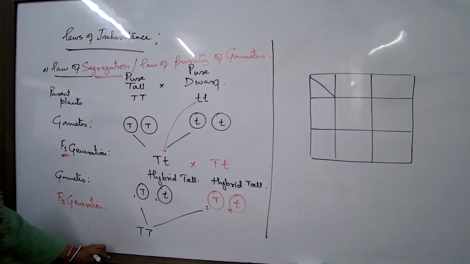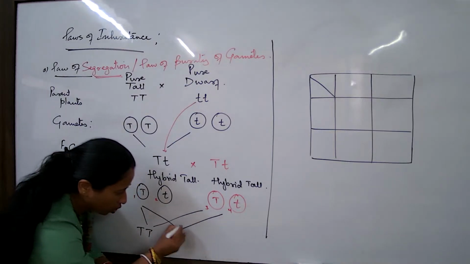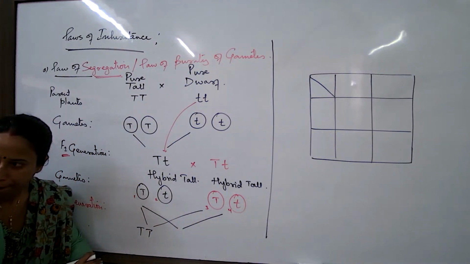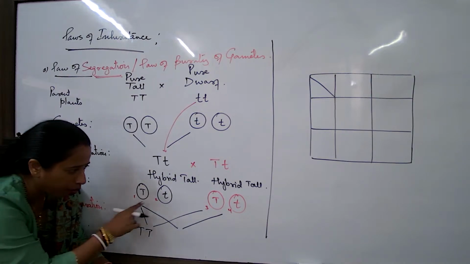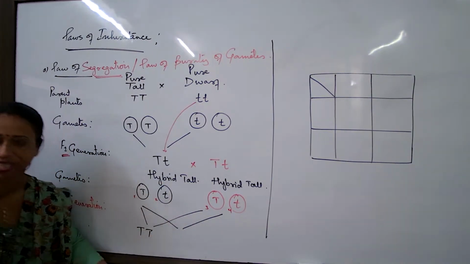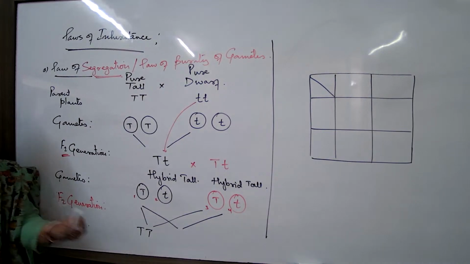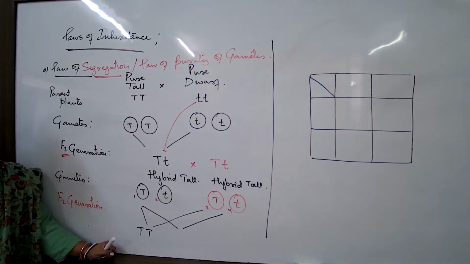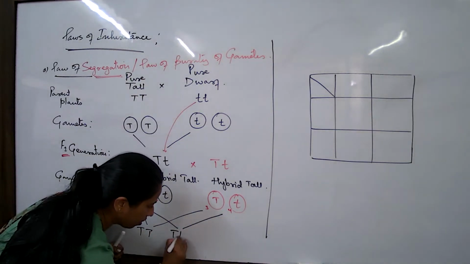Next, I want to write for 1 and 4. Tell me, what should I write? If 1 and 4 undergo fertilization, what pair of chromosomes will come together? Capital T and small t.